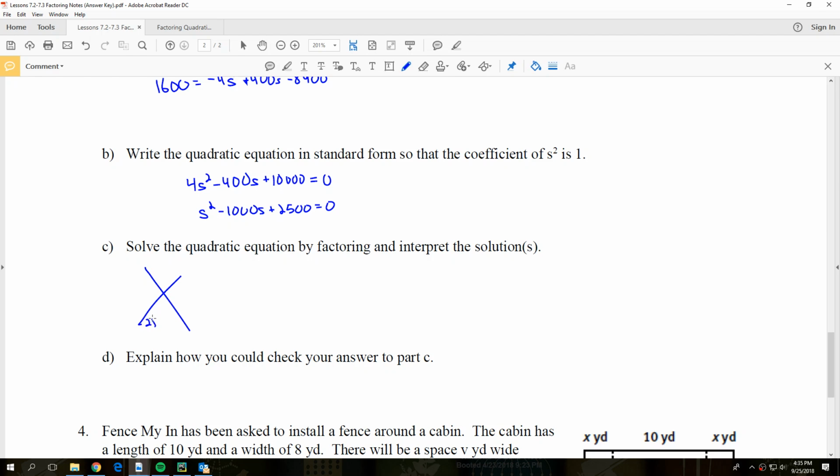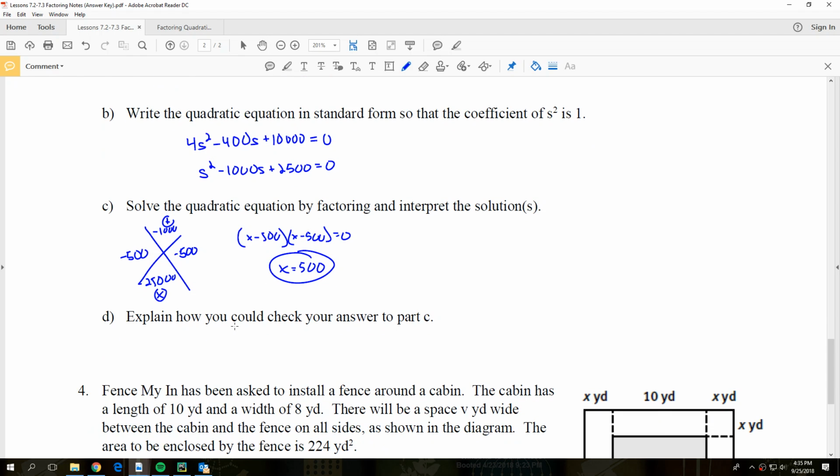So I have 2,500, and that's multiplication. And here I've got -1,000, and that's addition, and that should be negative 500 and negative 500, which means that we have x minus 500 times x minus 500 is equal to 0, which means that x is equal to 500. There you go.